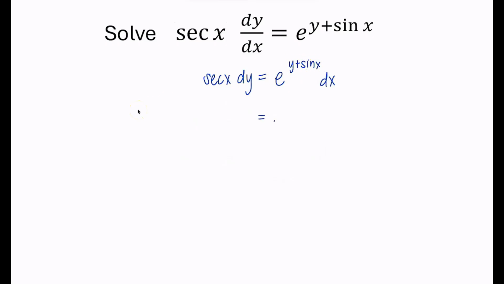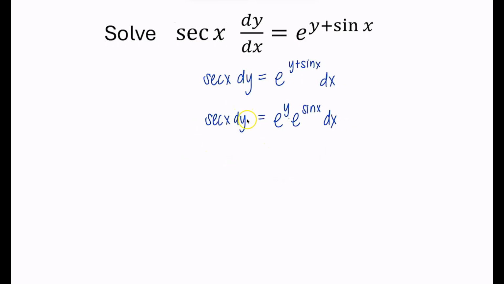I'm going to rewrite this as e to the y times e to the sine x dx. So remember, if they have the same base, we can add their exponents together. So here we're just going the other way around so that now everything is multiplied over here and I can start to move things around and collect my g of y dy and my h of x dx.